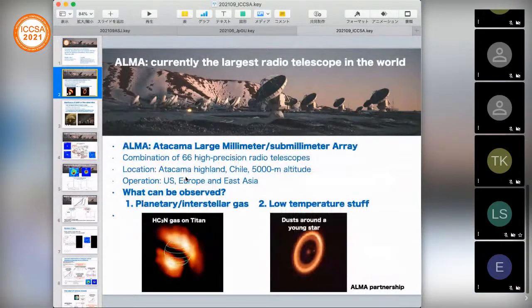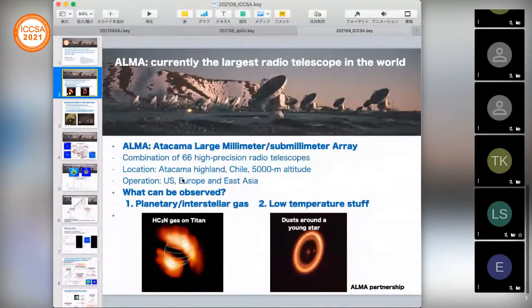Then I'm going to show you what the ALMA telescope is. ALMA is the world's largest radio telescope, located in the Atacama Highland, Chile. The altitude is very high, 5,000 meters, and I have not visited yet. It has 66 high-precision radio telescopes, and they can work as if they are one big telescope of 20 kilometer diameter.